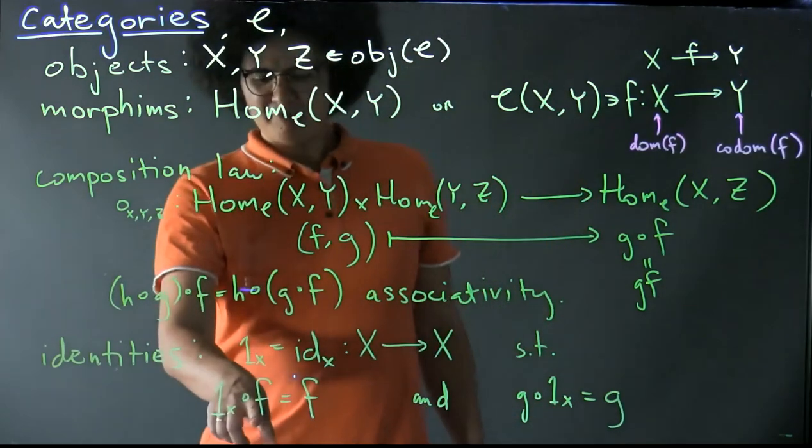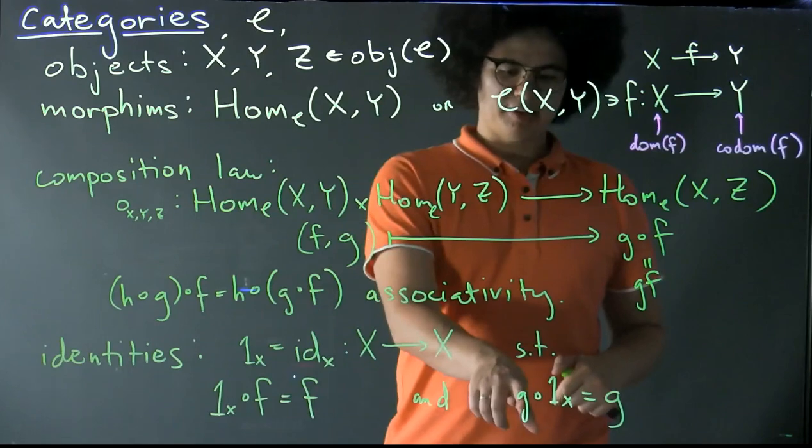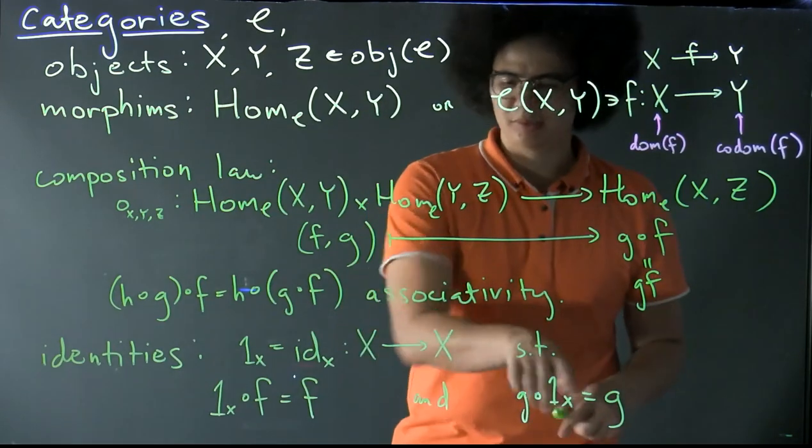So f would have to have codomain x for this to be well defined, and g would have to have domain x for this to be well defined.